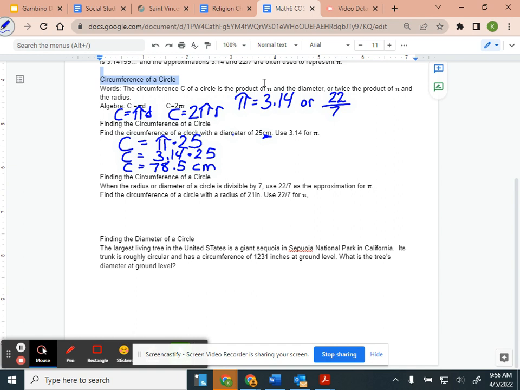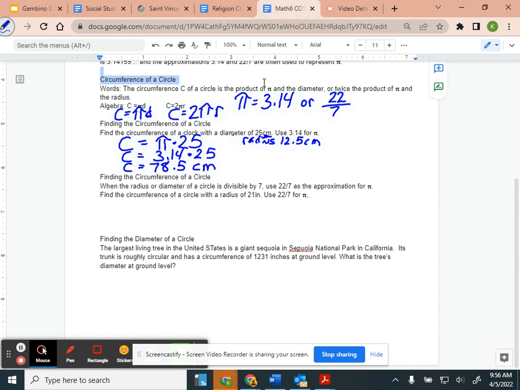So you can't be given both the diameter and the radius. Well, they could say the diameter is 25 centimeters and the radius is 12.5 centimeters. Then you choose which one you want to use. I would use the diameter because there's less math. I don't have to multiply by 2. It would be easier to use the diameter if you're given the diameter.